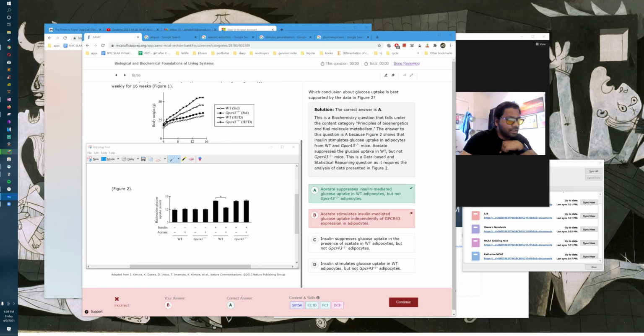C is saying when acetate comes into the picture, insulin starts being bad or something. But that's kind of a stretch. It's easier to just see that acetate is the one that's bad.